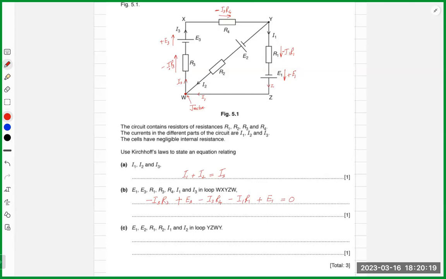What is the total EMF produced? You can see E1 and E3.